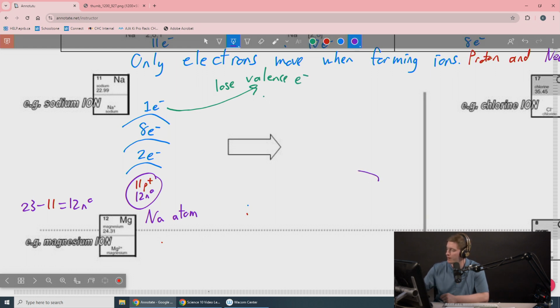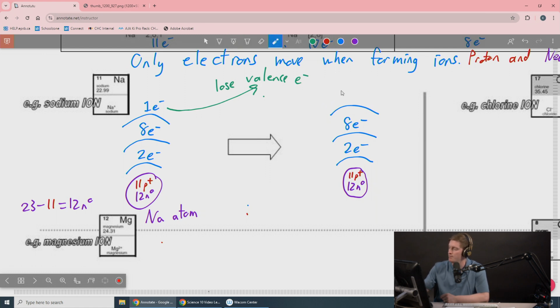The Bohr diagram for the sodium ion is very similar to that of the atom because the nucleus is the same, but we are going to change our number of electrons. So when we're drawing this, now we've got 2 electrons in that first energy level, 8 electrons in the second, and we've got nothing in the third.